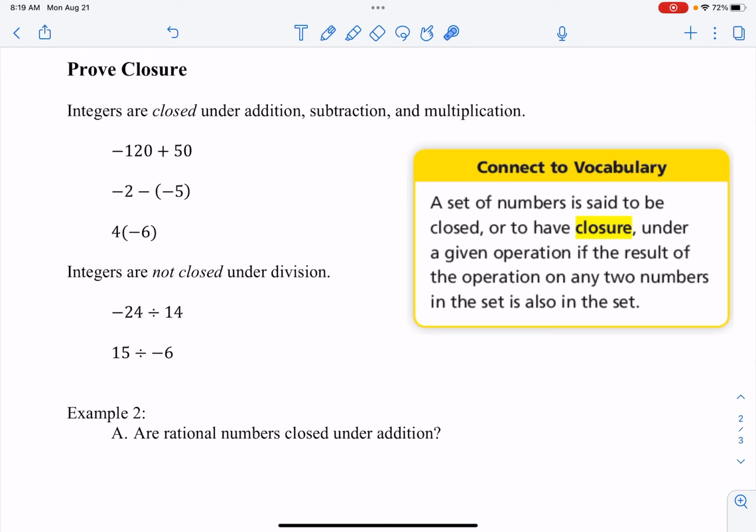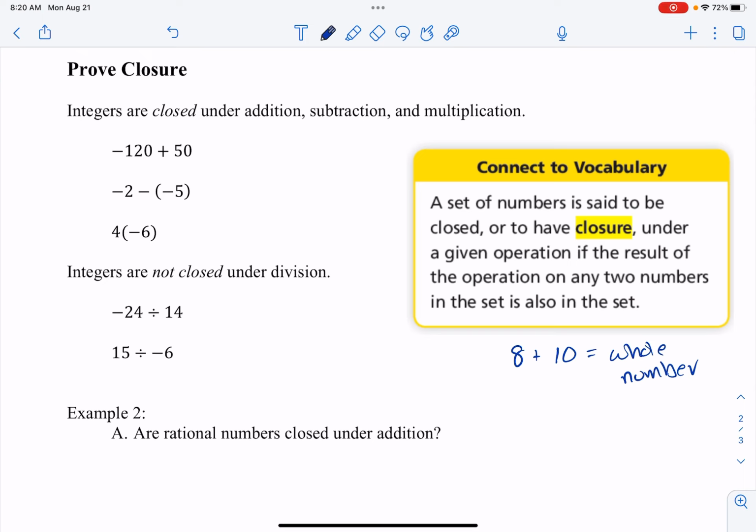Meaning, if I add a whole number 8 to another whole number 10, I'm going to get a whole number. If I add two numbers on the number line, it's going to give me another number on the number line. So we say that the whole numbers are closed over addition.